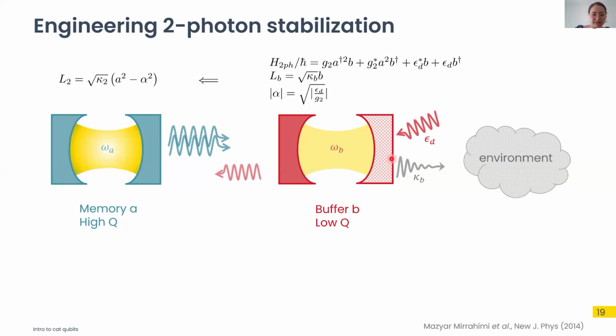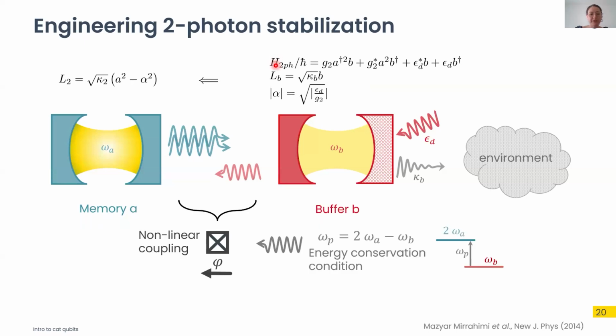And by driving this buffer mode and engineering this two photon exchange, now we have equivalently this Hamiltonian, where you see that two photons created in the memory mode are destroyed by one photon in the buffer mode. And so this Hamiltonian is going to stabilize the cat states that we wanted to stabilize earlier.